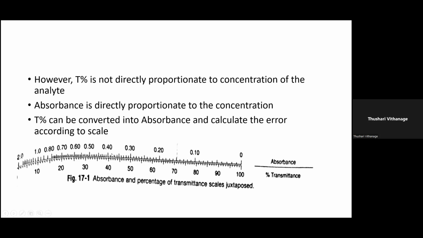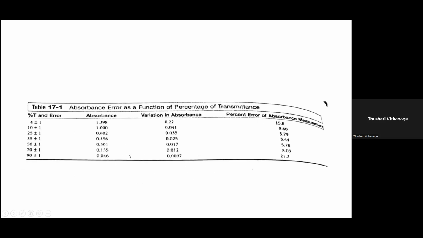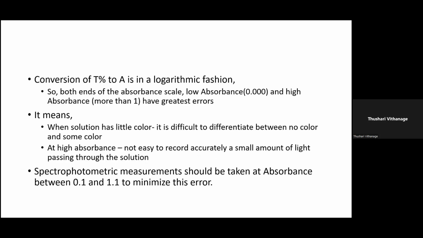Here we can see absorbance according to the percentage transmittance. Here's the table which indicates absorbance error as a function of percentage transmittance, with conversion of percentage of transmittance to absorbance in a logarithmic fashion.